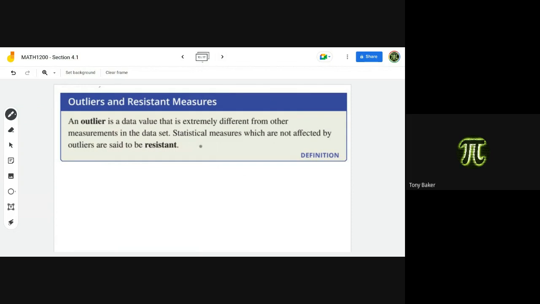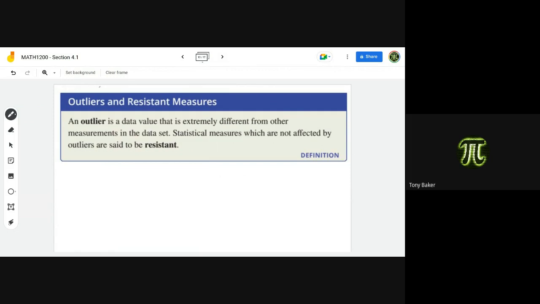All right. Now, there's one other piece to this that's important. It says measures that are not affected by outliers are said to be resistant. Just because I know the textbook uses a lot of definitions in the things that you guys see, this is an important thing. So when you're looking at measurements, the mean and weighted averages or weighted means are not resistant because they are affected by outliers.